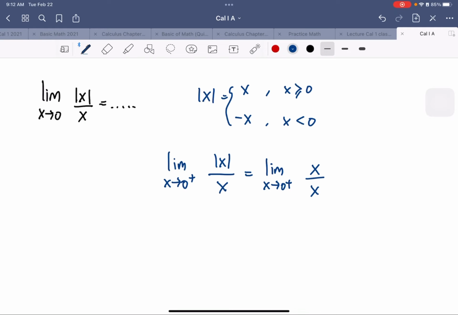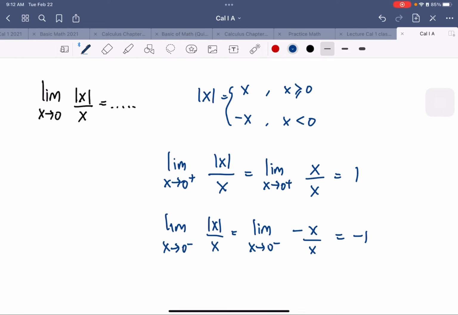Nothing wrong with it, and this will result in 1. When we have the limit from the left, this becomes a negative, so of course this will result in negative 1.